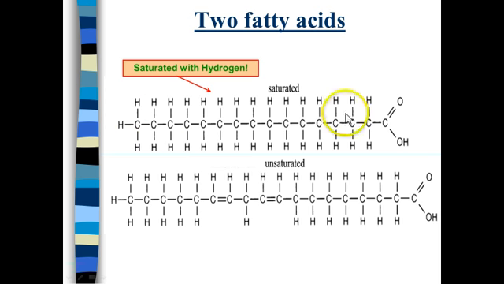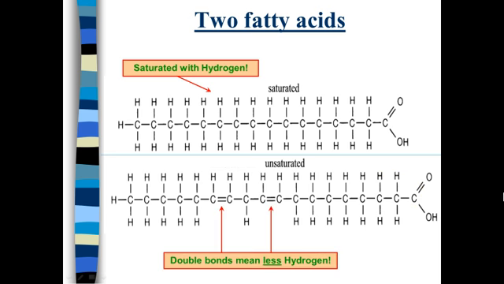These molecules will tend to lay alongside each other very nicely. These, on the other hand, don't want to interact all that much, and so they will form a liquid at room temperature. So the reason that this is said to be unsaturated is because there are spaces taken up by these double bonds, which is basically spaces where there could be a hydrogen. So this molecule has all the possible hydrogens that it can have. This molecule, on the other hand, has spaces for some hydrogens.